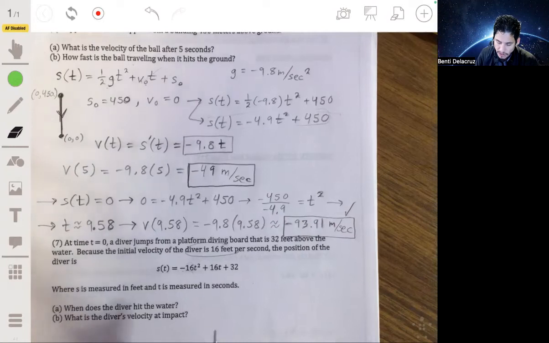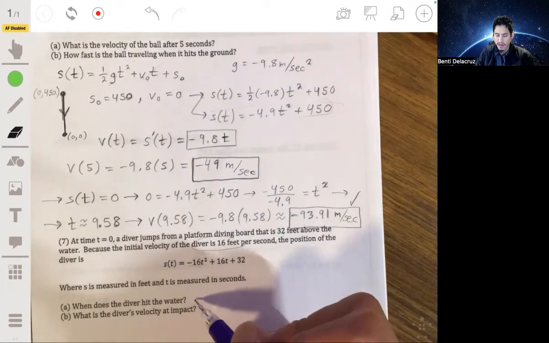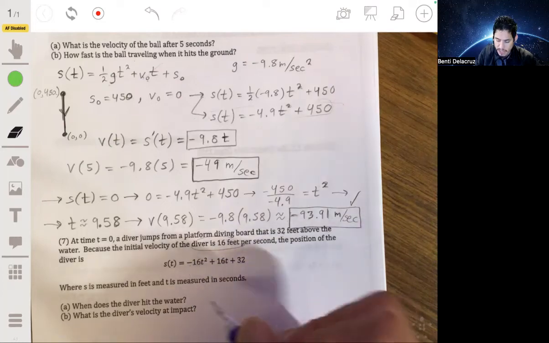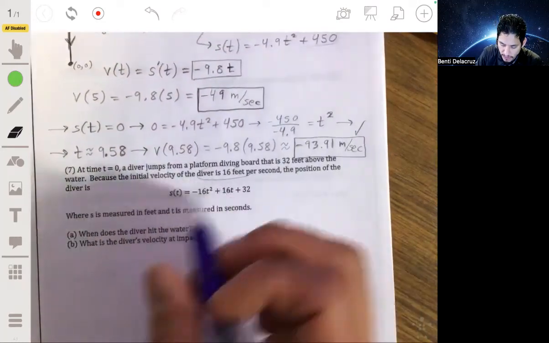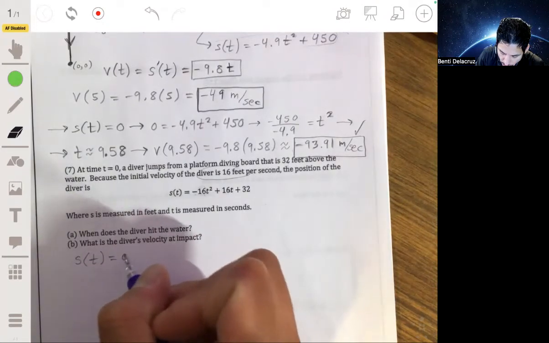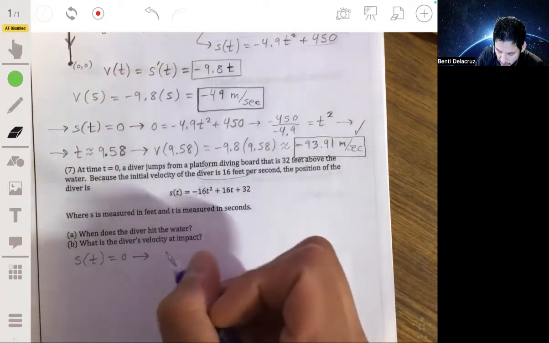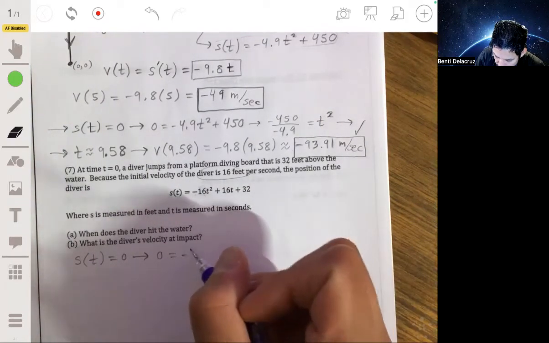Anyways, so for this one, to find when does the diver hit the water, we just have to find when its position is 0. When is it 0 feet above the water? So when is s of t equal to 0? So we just solve this equation for the zeros. So we have 0 is equal to that.